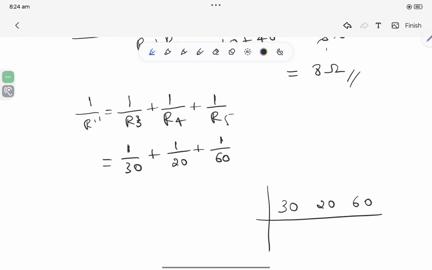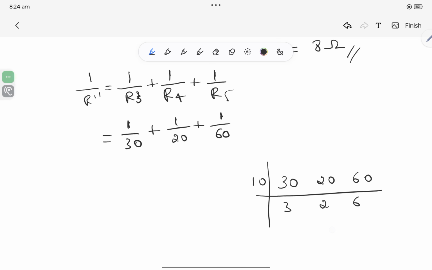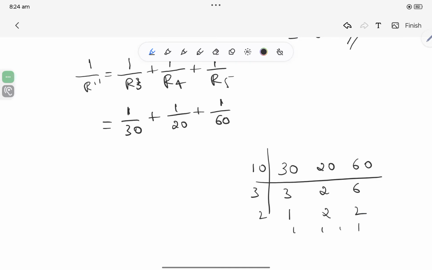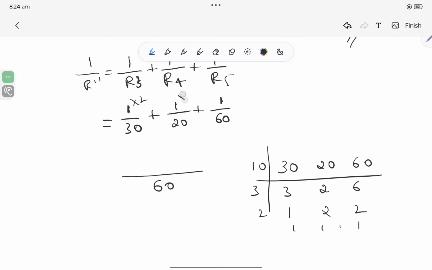So the LCM of 30, 20, 60 is 60. 30 twos are 60, 20 threes are 60, 60 ones are 60. So 2 plus 3 plus 1 is equal to 1 by R double dash.